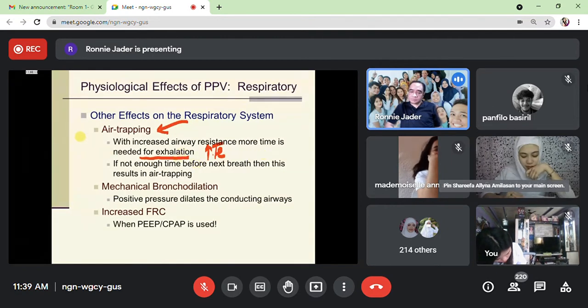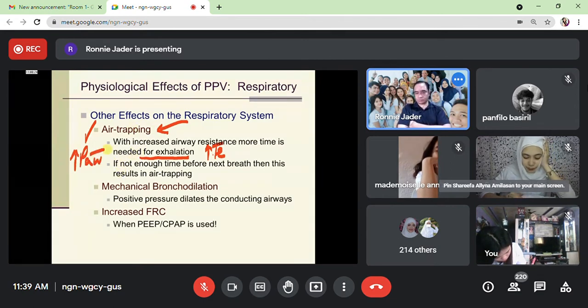Reality is that air trapping and auto PEEP can often be beneficial to our patients because it actually increases mean airway pressures. All right. So in severe cases, we sometimes manipulate air trapping to the benefit of the patient to increase mean airway pressures.